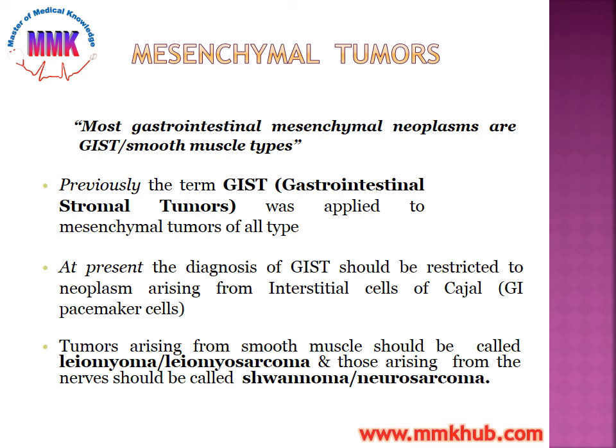Tumors arising from the smooth muscles should be called leiomyoma, or leiomyosarcoma if malignant, and those arising from the nerves should be called schwannoma or neurosarcoma.